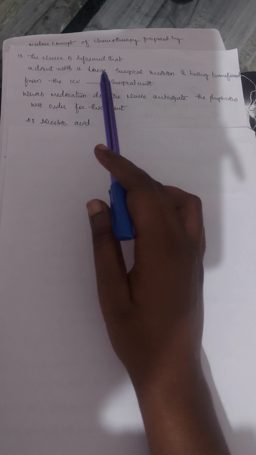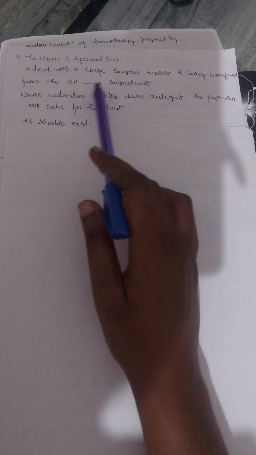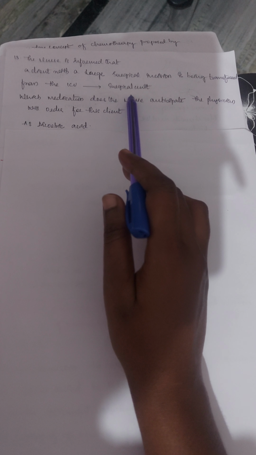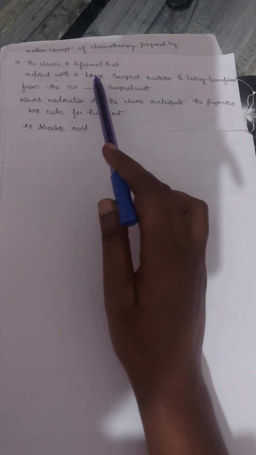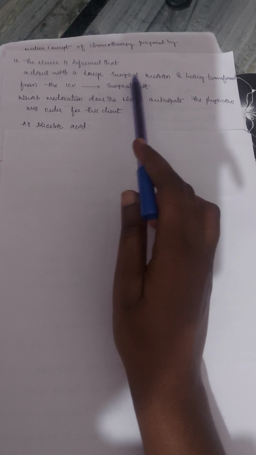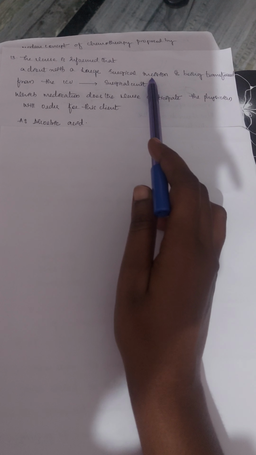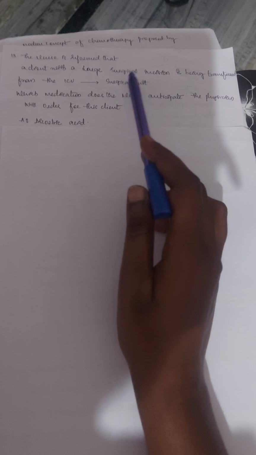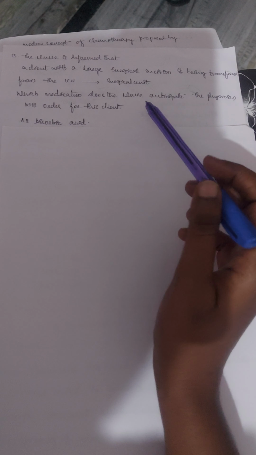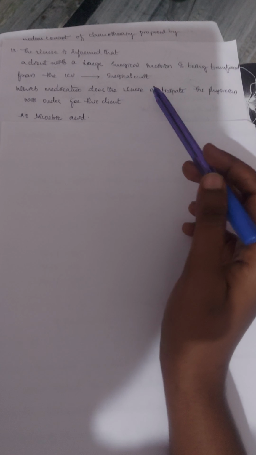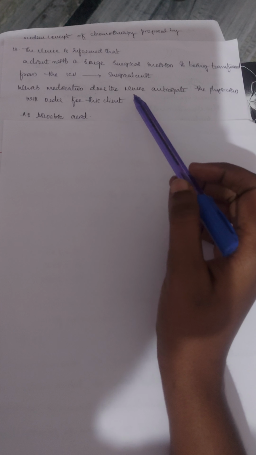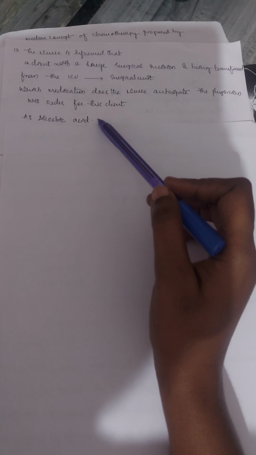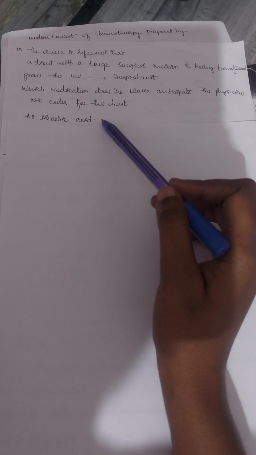One patient is being transferred from the ICU to the surgical unit, and the patient has a large surgical incision on his abdomen. What can we guess the physician will order for this client?